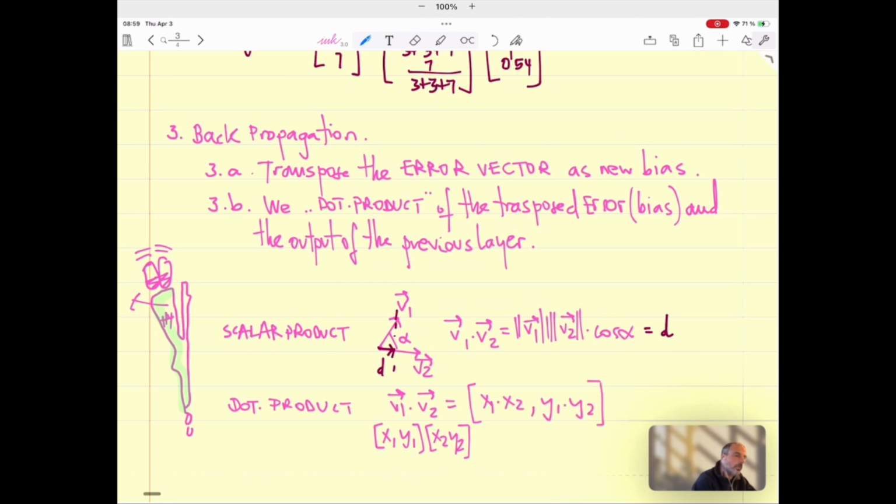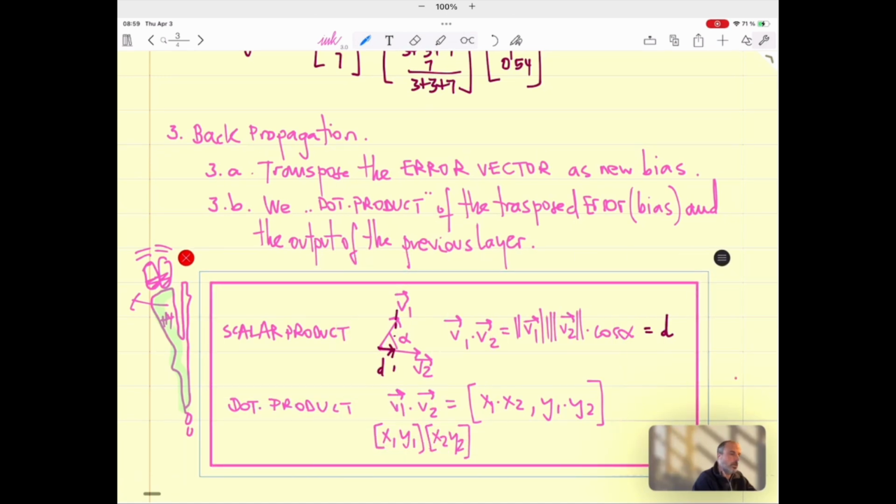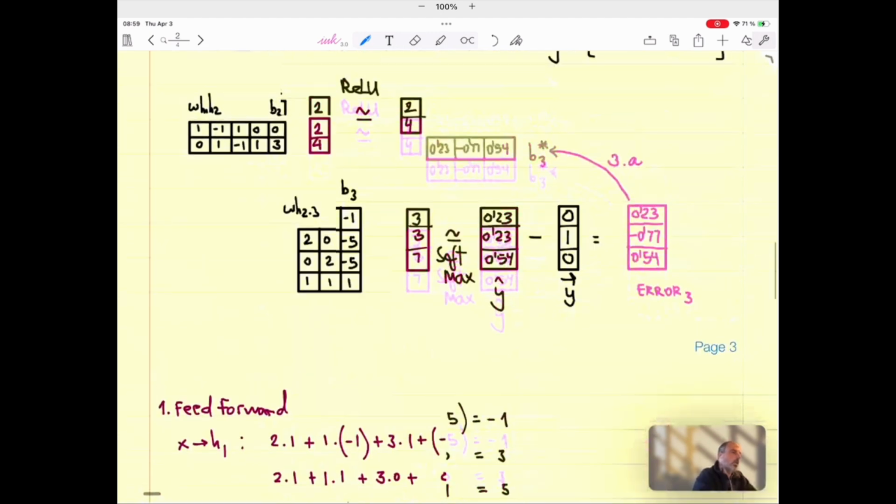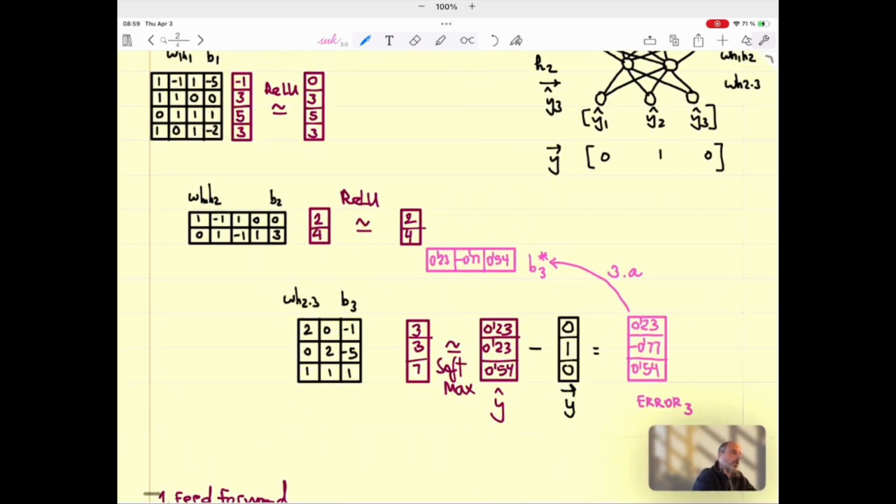Okay, so this is the dot product. Dot to dot, coordinate by coordinate. All right. So we do the dot product here. And you will see this is super easy. It's easier than what we have done before. So do not be fooled by the names. Most of the time people give smart names to silly things, okay?